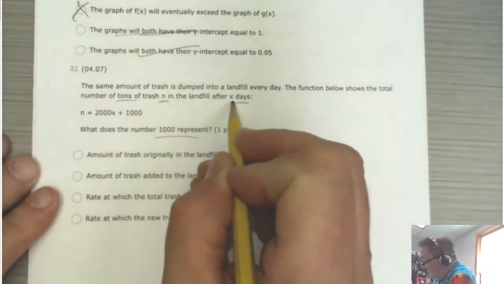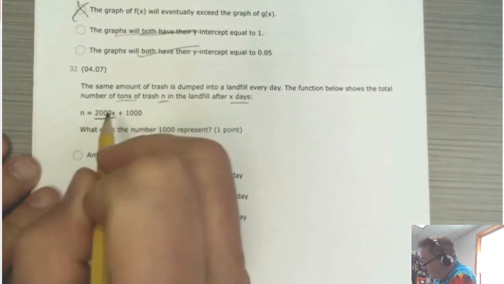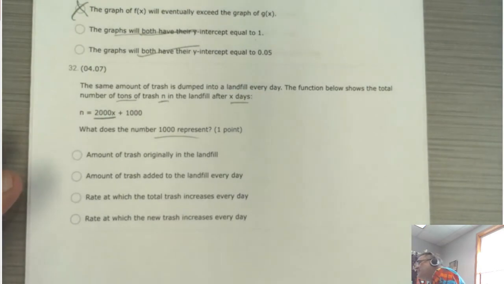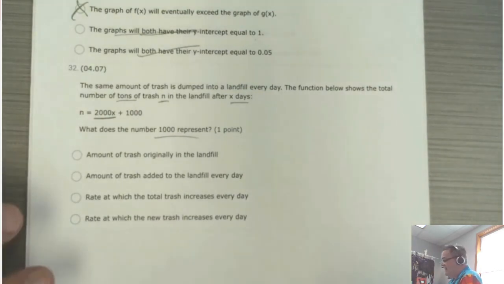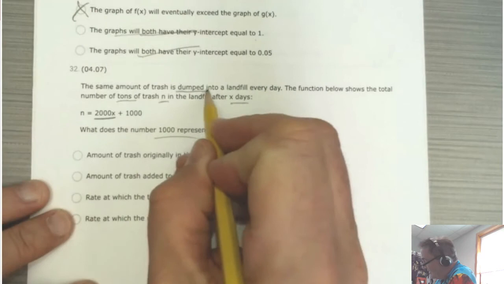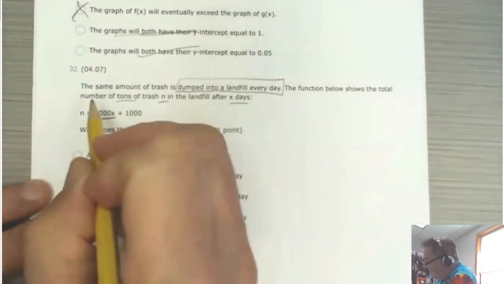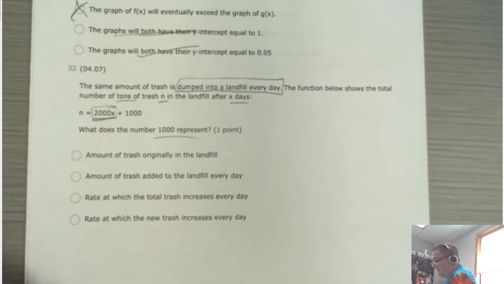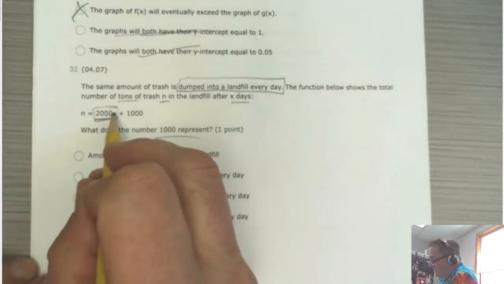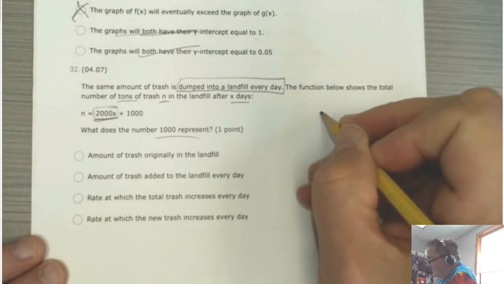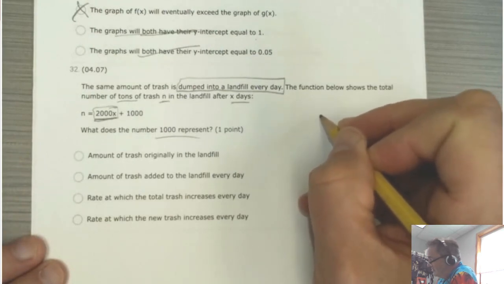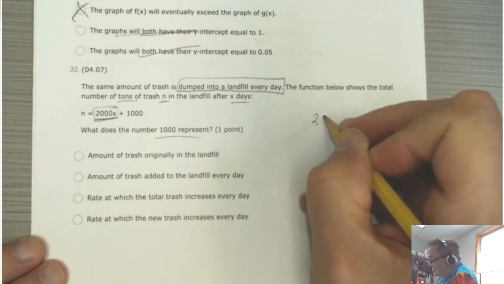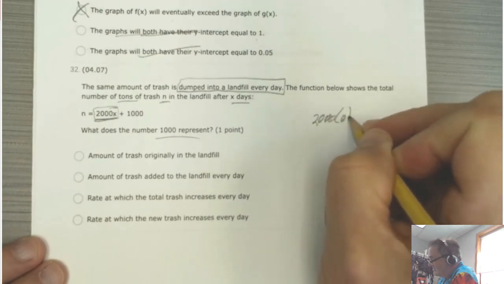Well, this x, number of days, is attached to the 2,000. So however many days there is, we multiply that by 2,000. Well, the only reason we'd multiply the number of days by the 2,000 is that must be the amount that's dumped every day. So every day there's 2,000 tons of trash added to the landfill. So if we go back to the very beginning, if we're on day 0, we're just now starting to track this, day 0, 2,000 times 0.